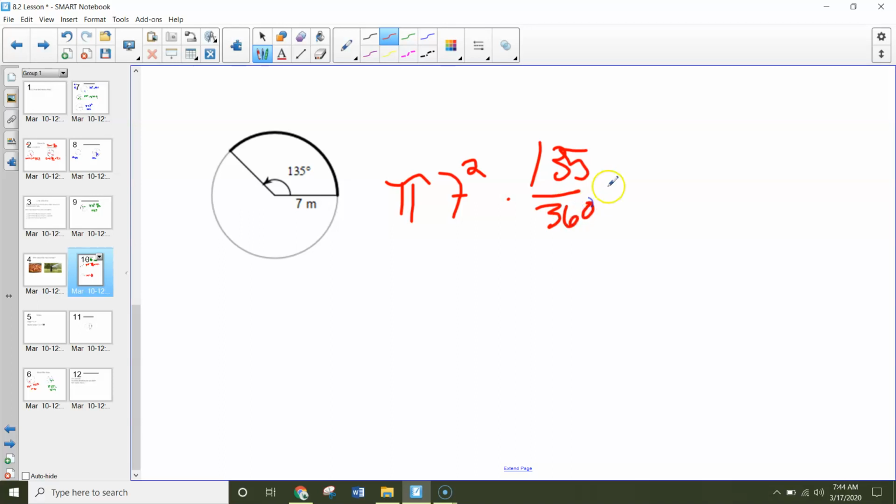Once again, I apologize for my handwriting, but I am using a mouse to do all these, so you can't really blame me. And you should get 57.7. And if your rounding's a little different than mine, that's okay. I'll accept anything kind of close to the answer, like I usually do.